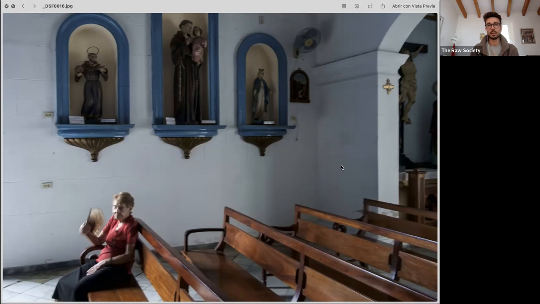Exactly. So it creates a little bit of engagement as well, in something that's very paused, very static. You are not trying to make the most dynamic environment of a church, but you still want the viewer to go through the frame and see what's going on, not only with the women or not only with the saints. You want them to go through all of it.